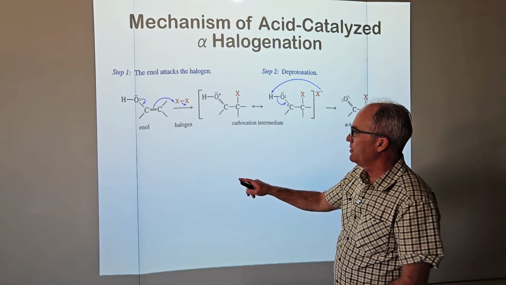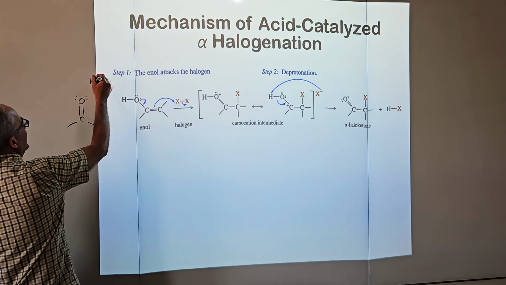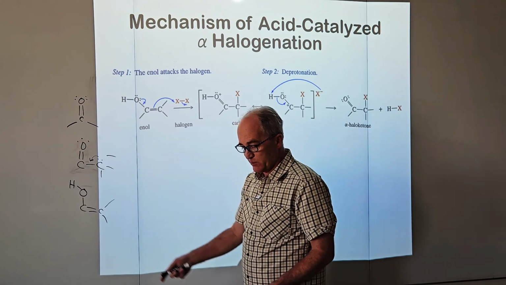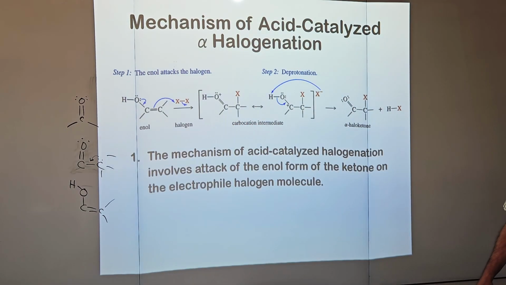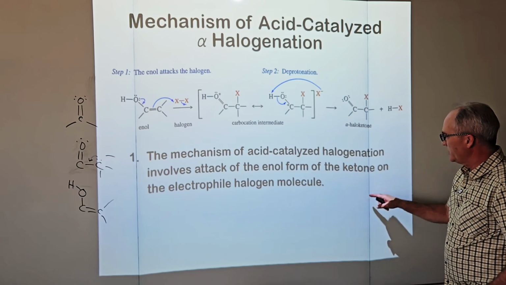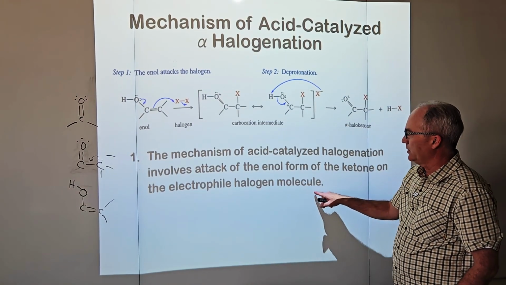So of course here you want to realize, let me just do this first part. All right, so I tried to get to the enolate ion, and then it was protonated. The mechanism of acid-catalyzed halogenation involves attack of the enol form of the ketone on the electrophile halogen molecule.